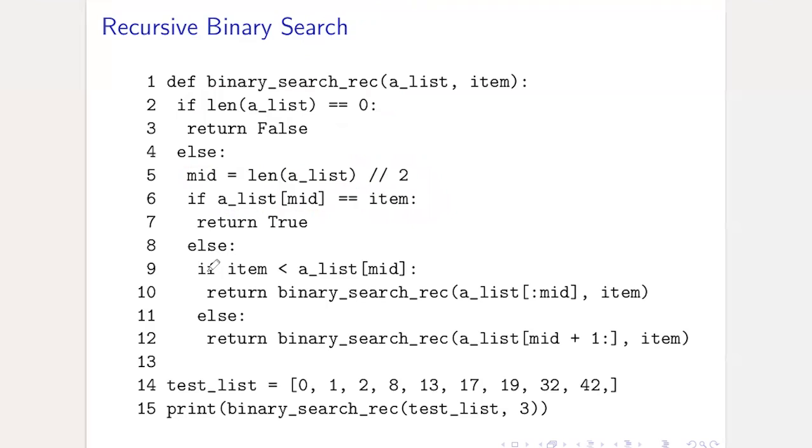Otherwise, that means if we have not found it, we will call the search function again recursively. Using the split operator, we can send the left hand half or the right hand half.